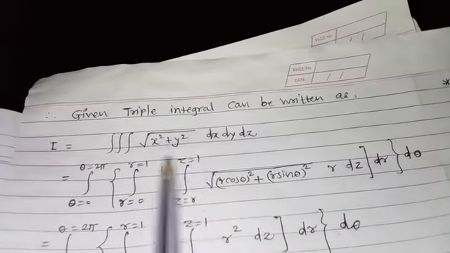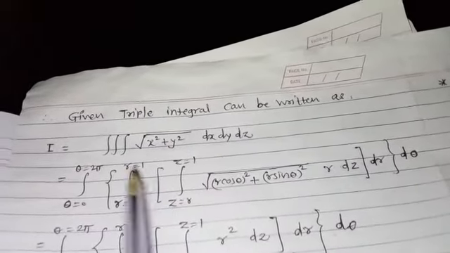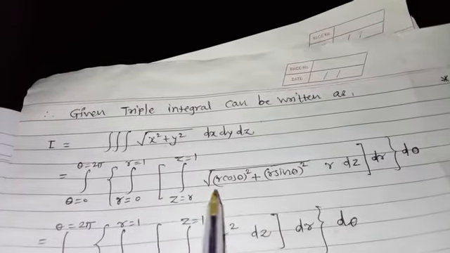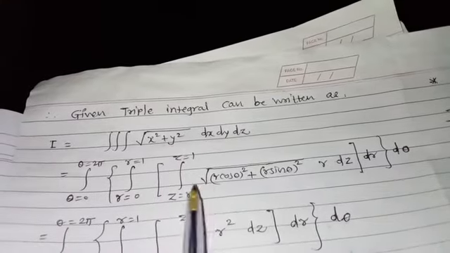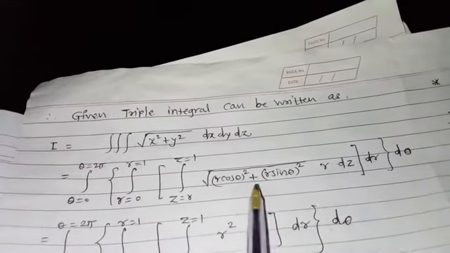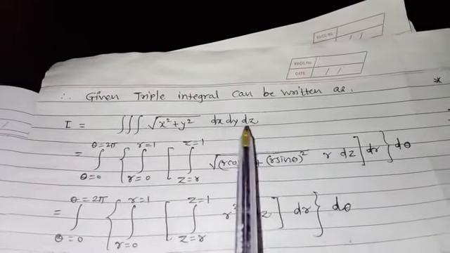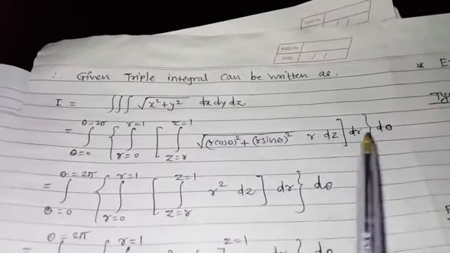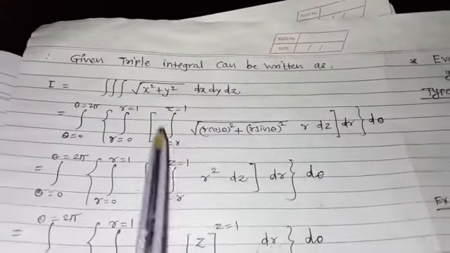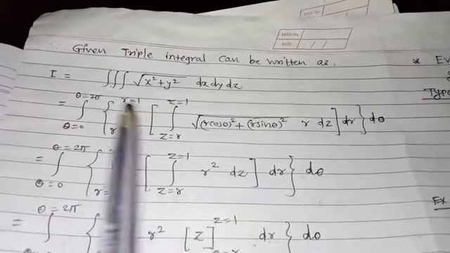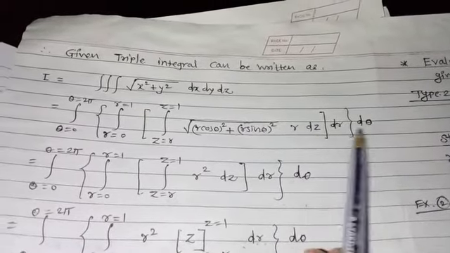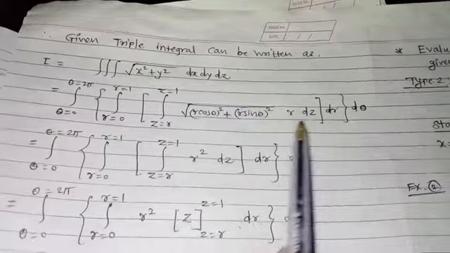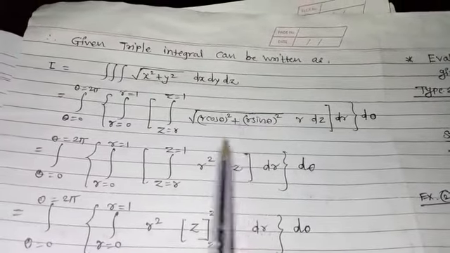Now we have to change our Cartesian coordinate system into polar, so I am putting here r cos theta instead of x and r sin theta instead of y. So we'll get the square root of (r cos theta) whole square plus (r sin theta) whole square, into, we are replacing dx dy dz by r dr d theta into dz. So according to that, the integral with respect to z, r and theta, we are taking this r dz into dr into d theta. Now in the next step we are evaluating this.